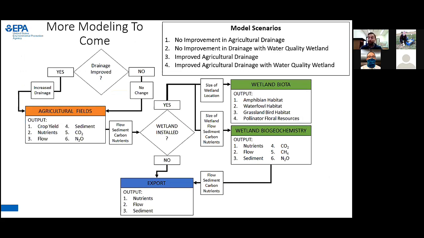Further, we're working on incorporating wetland models for water quality, hydrology, and greenhouse gases to assess if water quality wetlands are likely to have the capacity to mitigate any resulting impacts from drainage improvements. And this work, combined with our habitat modeling work, our hope is that it will help to inform future land management decisions in Iowa.